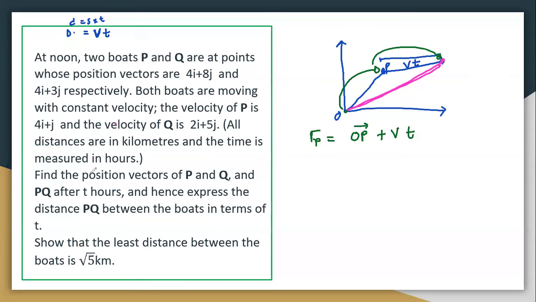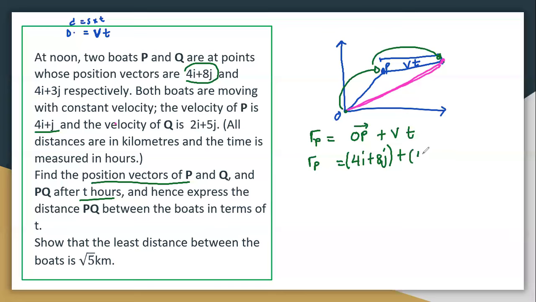Now, here the question asked us what is the position vector of P after T hours. So to get P, I'm going to say RP will equal OP, which was the initial position vector. So this is going to be 4i plus 8j, then plus, feel free to put a bracket first, plus your V, which is the constant velocity of P, which was this.